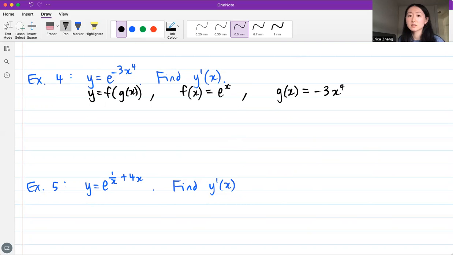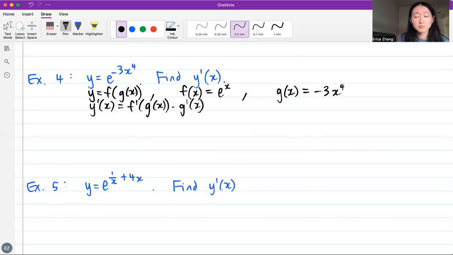We can see that if we substitute g of x as x in f of x, then we end up with our y. All right, so y prime of x is equal to f prime of g of x multiplied by g prime of x.